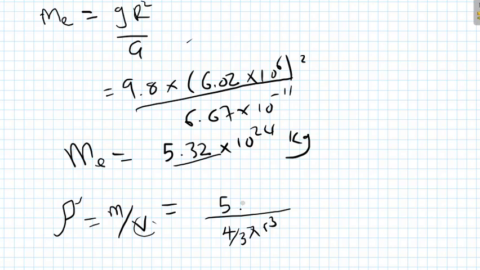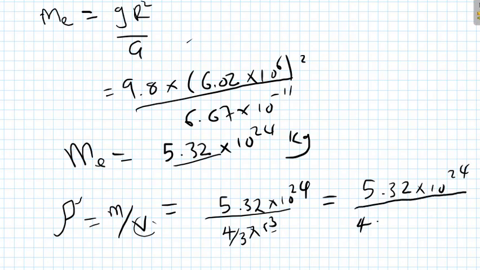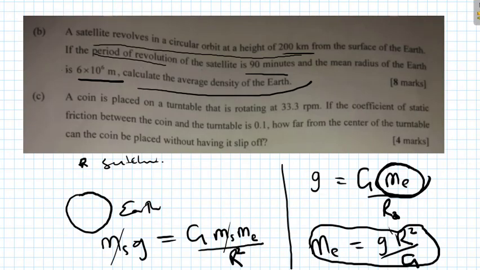Therefore, we're going to have 5.32 by 10 to the power 24 over 4/3 multiplied by pi multiplied by the mean radius, which the question gives us, 6 by 10 to the power 6.